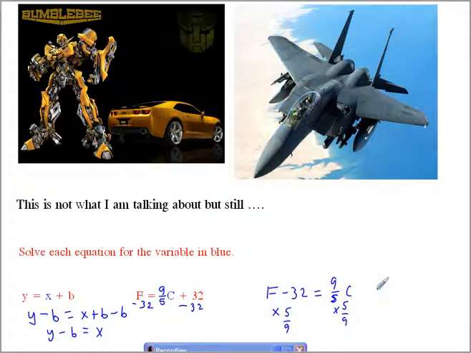So I'm going to write this out as 5/9 times F minus 32 is equal to C. And again, check over these answers, making sure to do that, because that is an important step here.